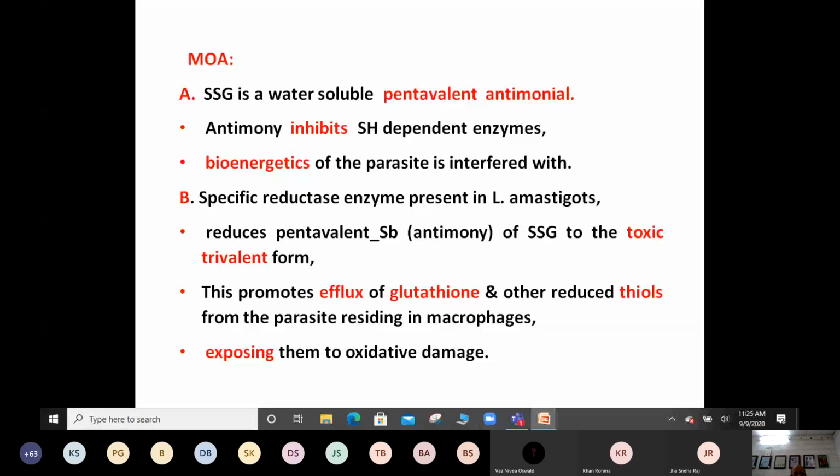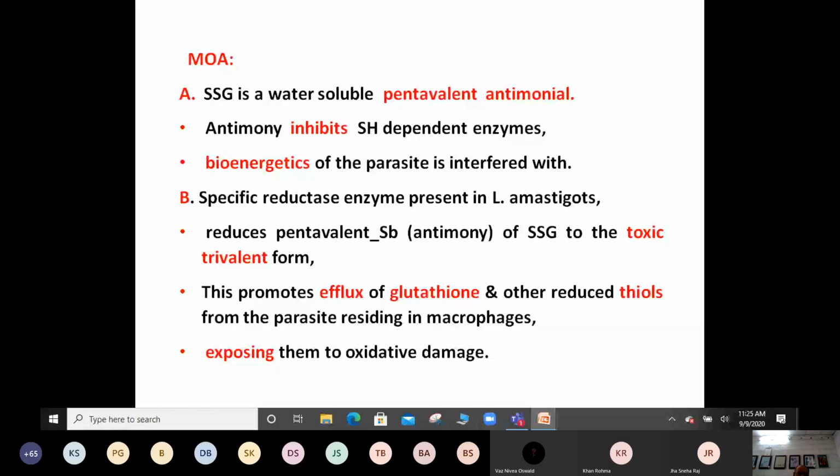Then the second mode of action: there is a specific reductase enzyme present in Leishmania amastigotes. As I said, these amastigotes are nothing but aflagellated intracellular parasites seen in the macrophages of the human host.